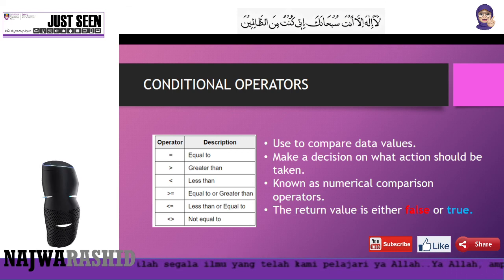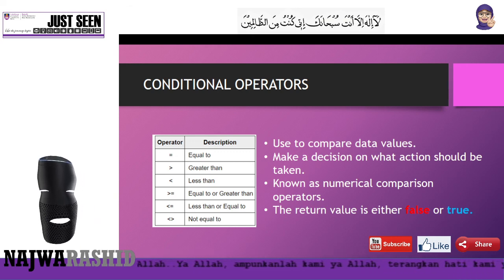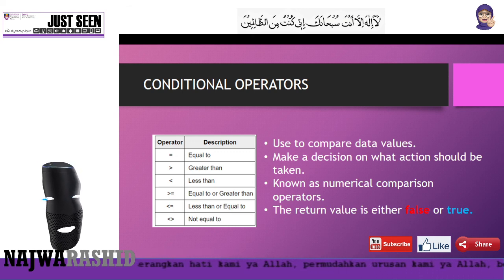The conditional operator is used to compare data values. Let's say you have more than one data, so you will use this operator to compare the data values, and second, to make a decision on what action should be taken later on.